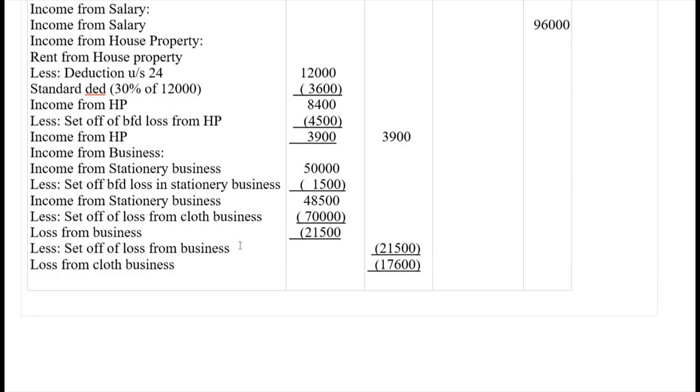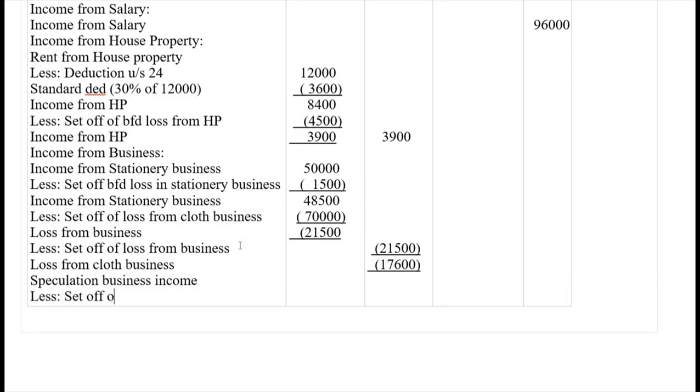Now for speculation income, so speculation business income less set off of brought forward loss from speculation. So now here the speculation income given in the problem is rupees 5,000.